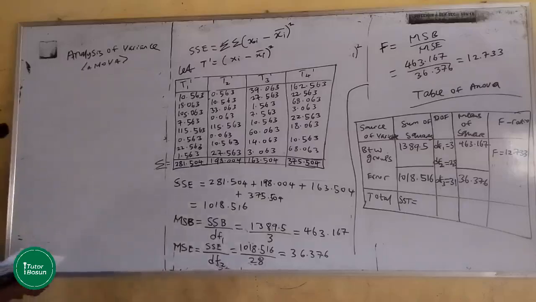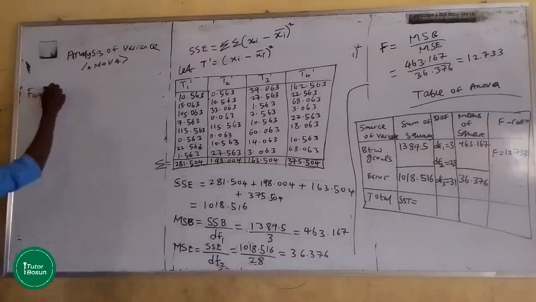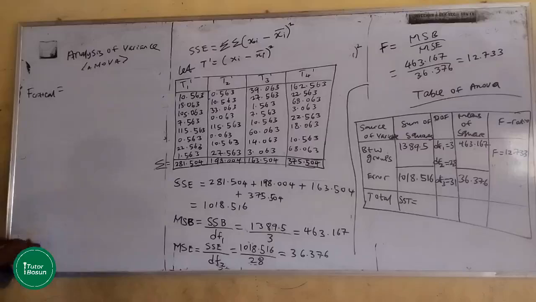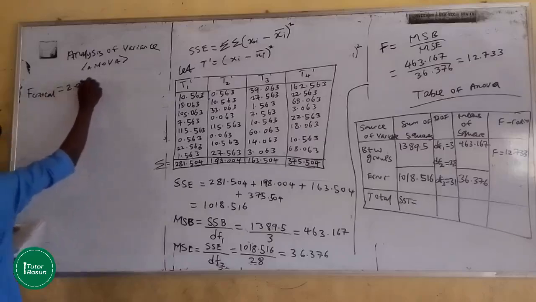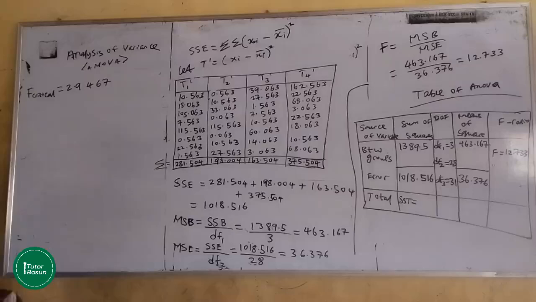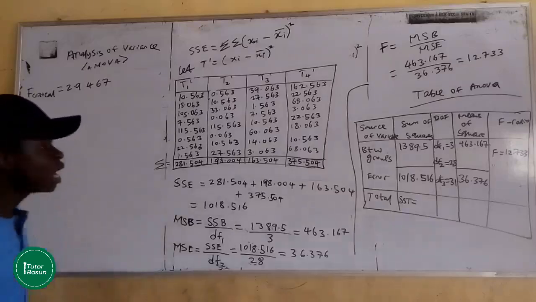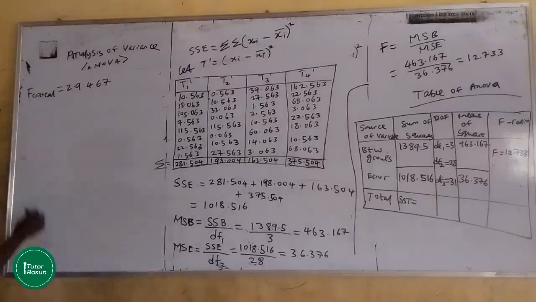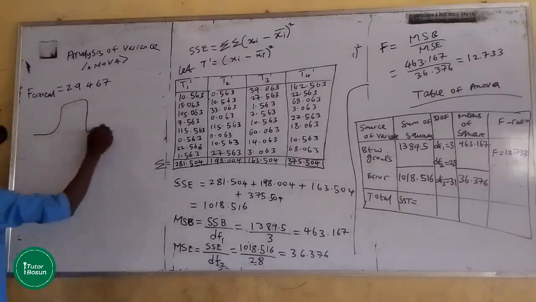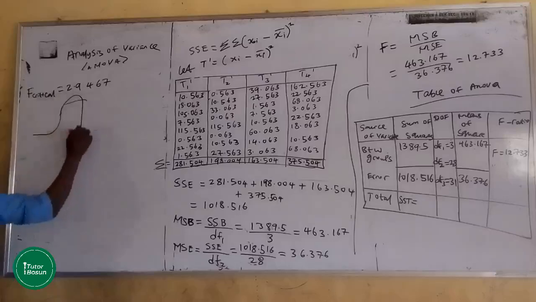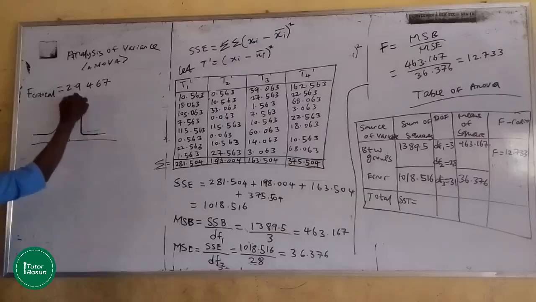So recall that your F critical is given to be 2.9467. That's our critical F. And so plotting that distribution, this is 0. So 2.9 will be around here.